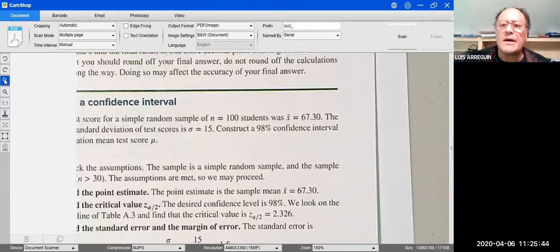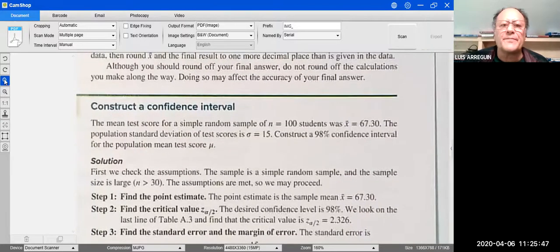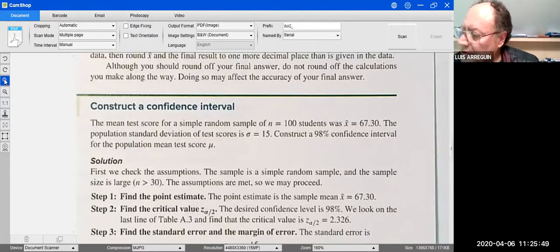The mean test score for a simple random sample of n equals 100 students was x bar equals 66.30. The population standard deviation of test score is sigma equals 15. Construct a 98% confidence interval for the population mean test score, mu.